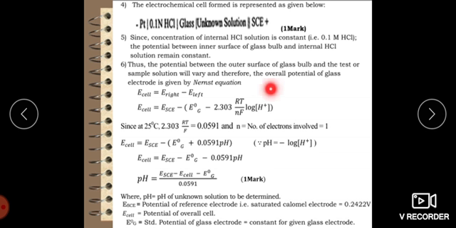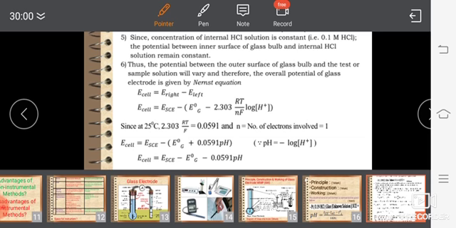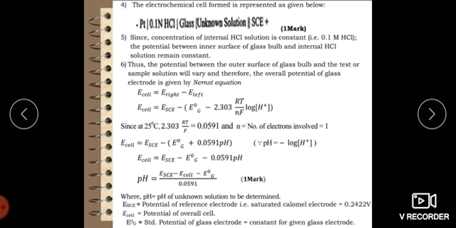This is obtained from the Nernst equation. The overall potential of the glass electrode is given by the Nernst equation, so we can put E naught G minus 2.303 RT upon NF log of H plus. As we know, the potential can be determined at 25 degrees Celsius, where the value of 2.303 RT upon NF is equal to 0.0591.